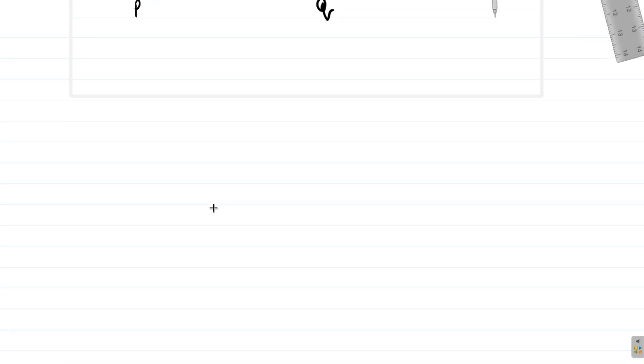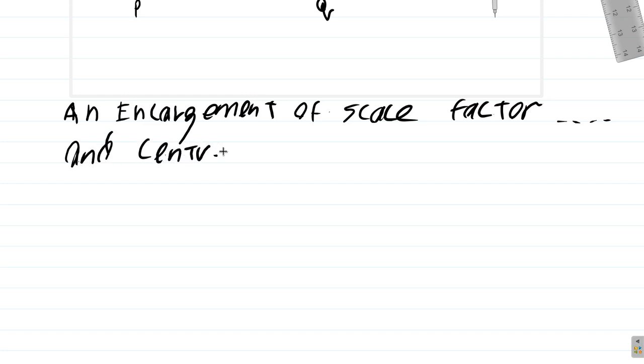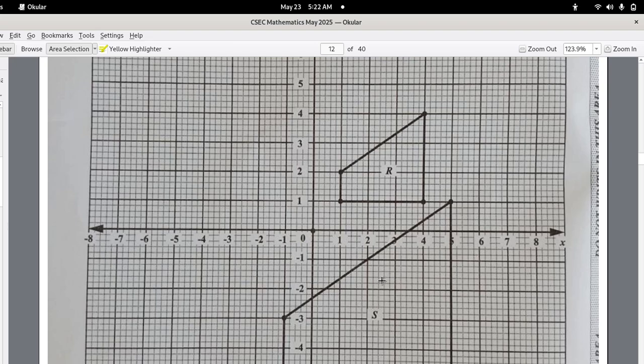So what you can say here, it is an enlargement of scale factor, whatever it is, and center. Alright, so you must find out what is the scale factor and the center.